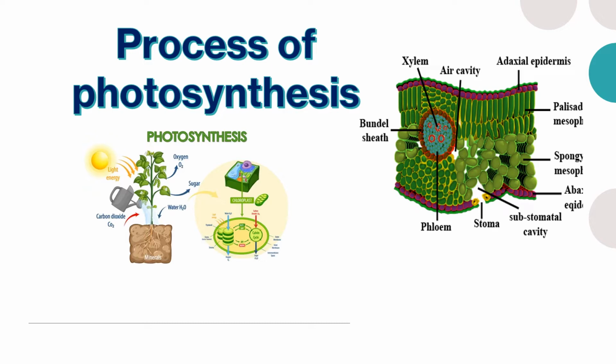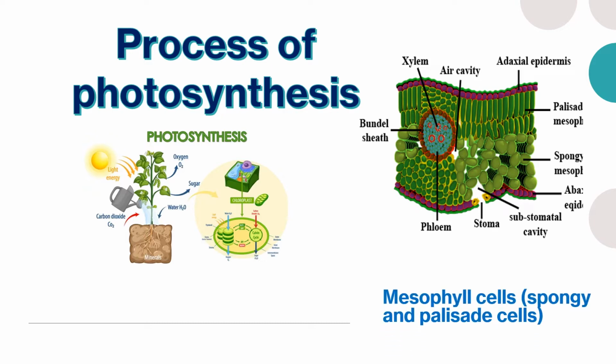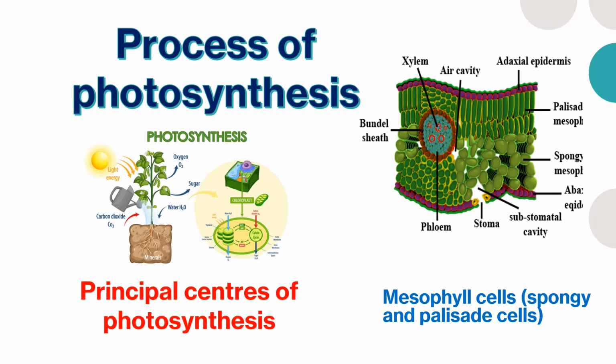That's why we can say mesophyll cells like spongy mesophyll cells and palisade mesophyll cells are the principal centers of photosynthesis. Which type of cells are the principal centers of photosynthesis? Spongy mesophyll cells and palisade mesophyll cells.